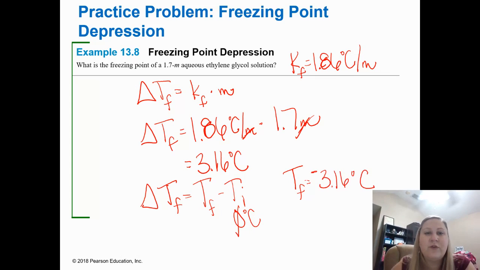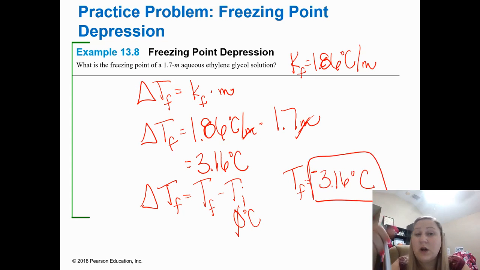Just remember, it's called freezing point depression, so you need to keep in mind it should always be below 0 because we're bringing it down. That's the whole point of these colligative properties, that we're adding things to our solution. So we're bringing the freezing point down from its normal value.